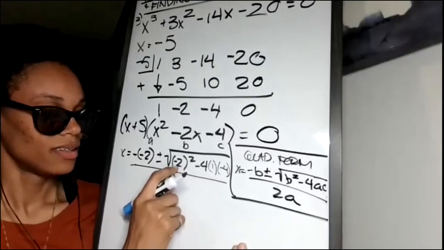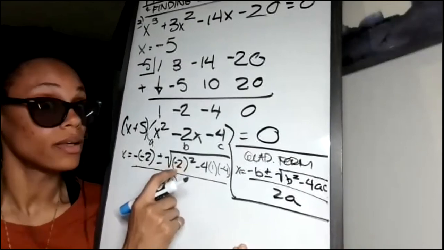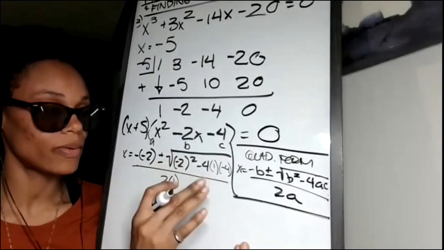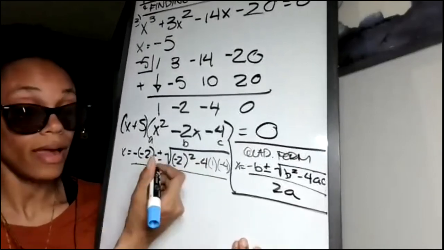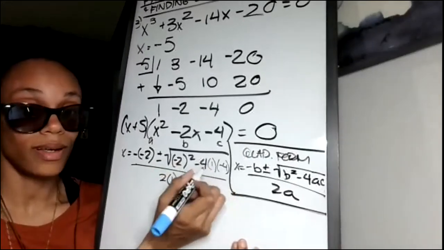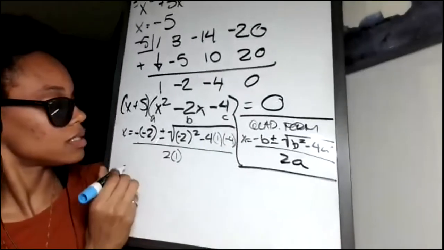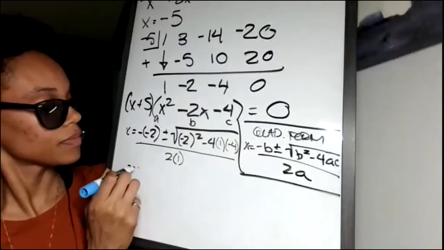And depending on how you punch this in, because -2 squared should give you +4. If you punched it in the wrong way, it'll give you -4. So just be mindful of your solution here. I think that I should encourage you to just do this work until it's simplified, and then we'll punch it in later. So from here, let's just get rid of these double negatives and simplify what we can.